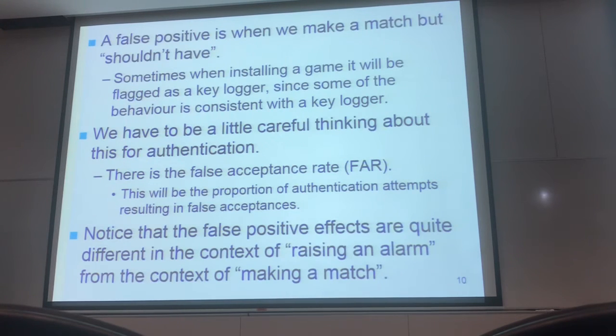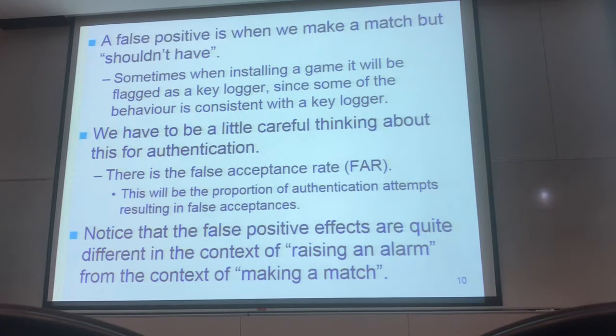Okay, so false positive, as I mentioned, occurs when we make a match but we shouldn't have. In authentication, that means someone may use a wrong credential. Now I use the term credential instead of password because it depends on the factor you use. If you use a wrong credential, you can still pass authentication. That means you have a false positive.